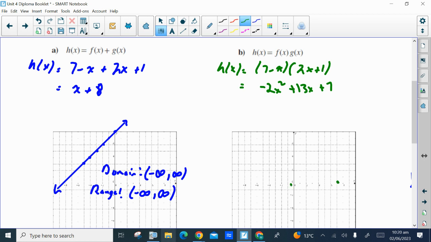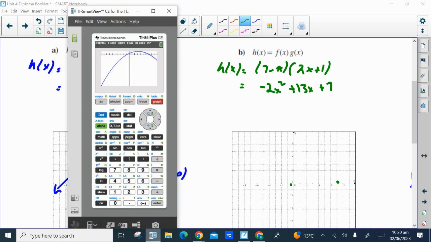But what the graphing calculator can really be used for here is to find out where that maximum point is, where the vertex is. Second function trace, number 4 for maximum. Looks like I can set my left boundary somewhere around 2, my right boundary somewhere around 6, and then enter. Try that again.